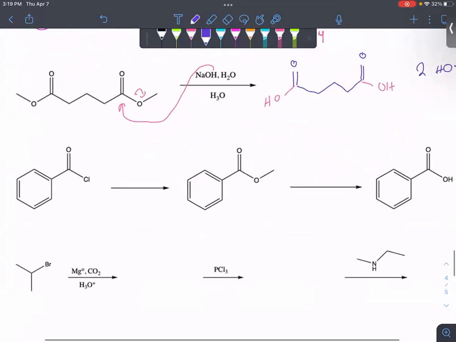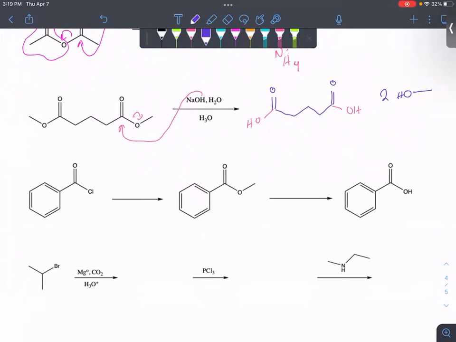Okay, what is this? Okay, so I gave you the first and last step and the intermediate, and I'm asking you to find the reagents. So yeah, take a minute to find the reagents.